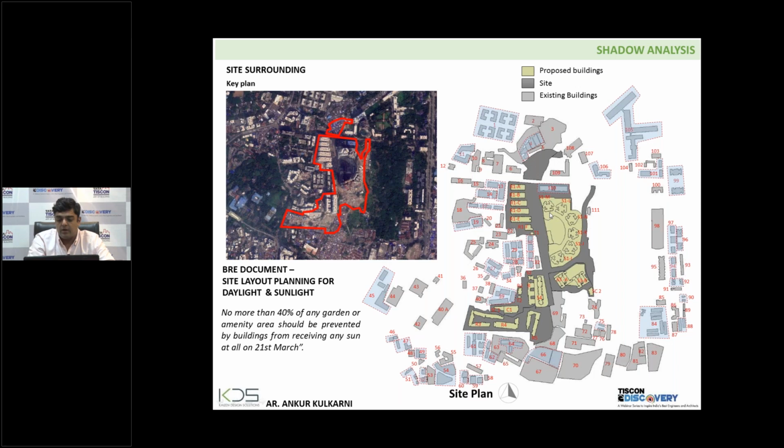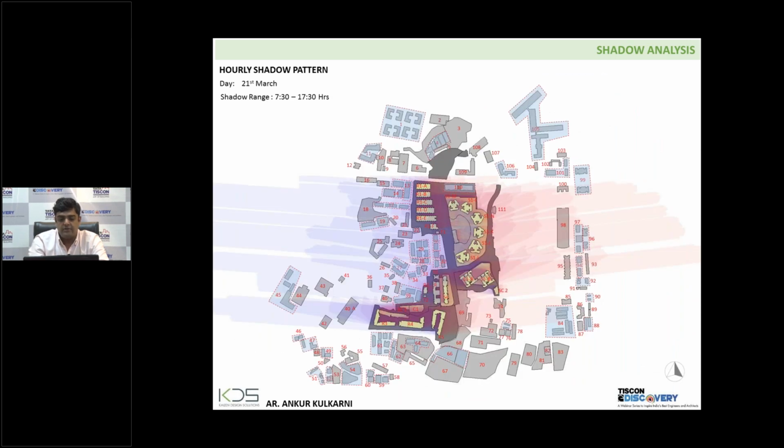The yellow colored buildings are our proposed buildings, and all these other gray colored buildings are the surrounding buildings. The intent was to check the shadow impact of the proposed buildings on the surroundings. So this is the first slide showing the results and impacts for 21st March, then 21st June, and then 21st December.